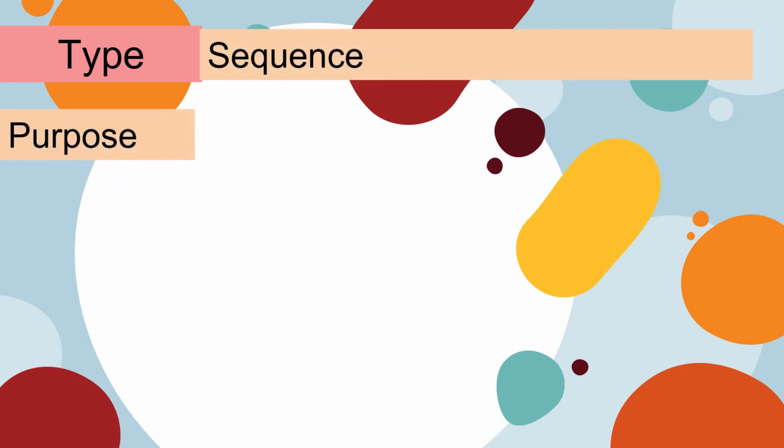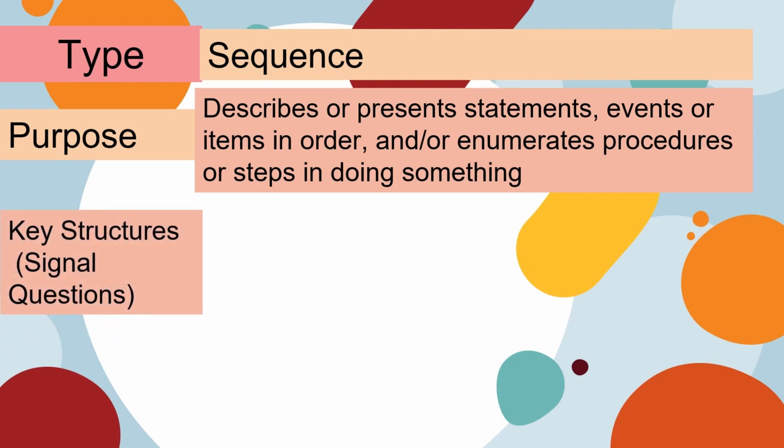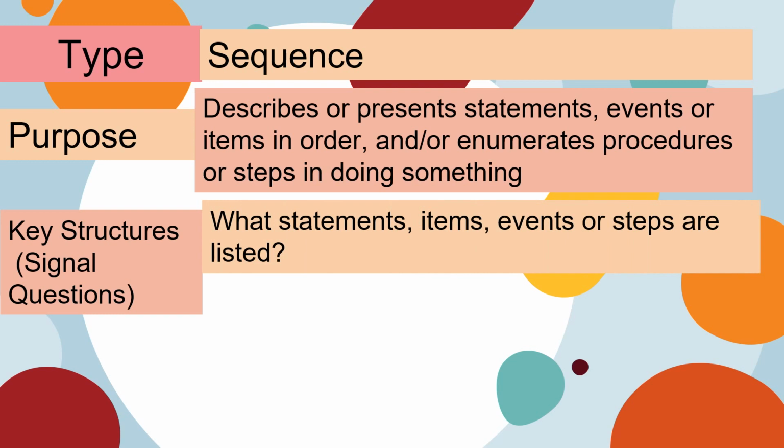The purpose of this is to describe or present statements, events, or items in order and or enumerates procedures or steps in doing something. The key structures or the signal questions: what statements, items, events, or steps are listed?